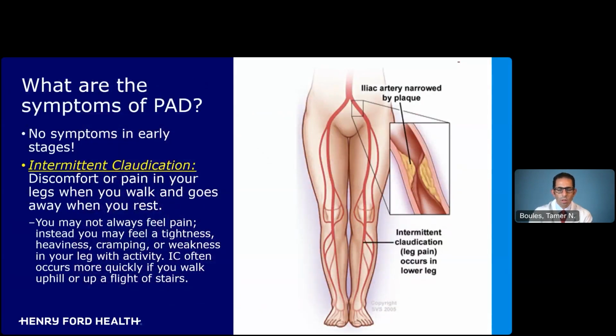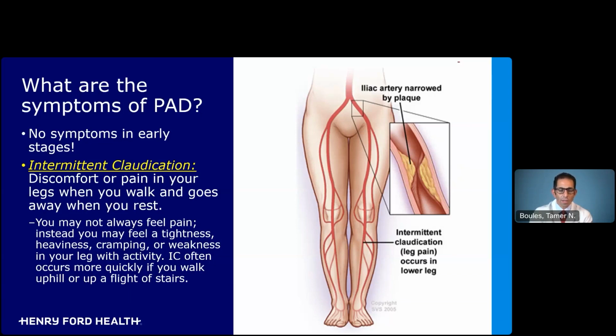Well, what are the symptoms specifically of peripheral arterial disease in the legs? Actually, early on, there are no symptoms until the amount of blockage begins to become severe enough to limit your ability to perform some activities. So the more active you are, the more likely you are to identify or come across those symptoms of peripheral arterial disease, while if you're pretty sedentary and you don't walk around very much, it can accumulate in your arteries even silently.